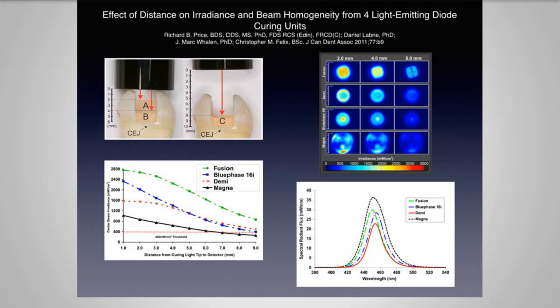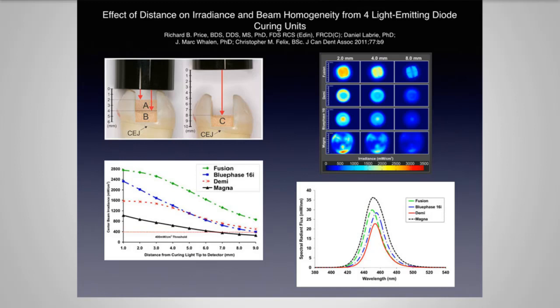An interesting paper by Price et al., called The Effect of Distance on Irradiance and Beam Homogeneity for Different LEDs, was published a few years ago in 2011. It's based on a principle that I've been very curious about and have been talking about for a while: as you increase the distance of the light from the base of the composite, your energy is going to dissipate.